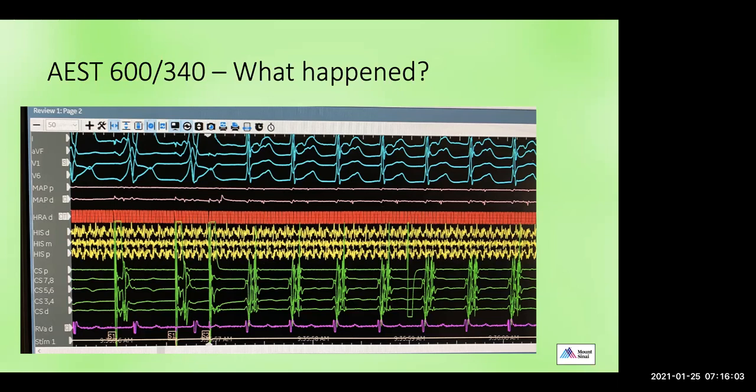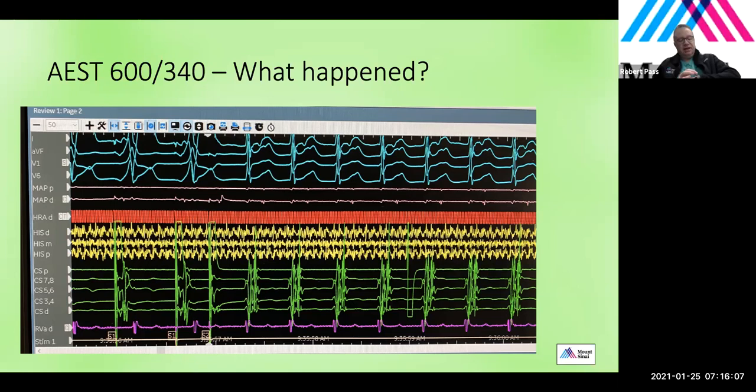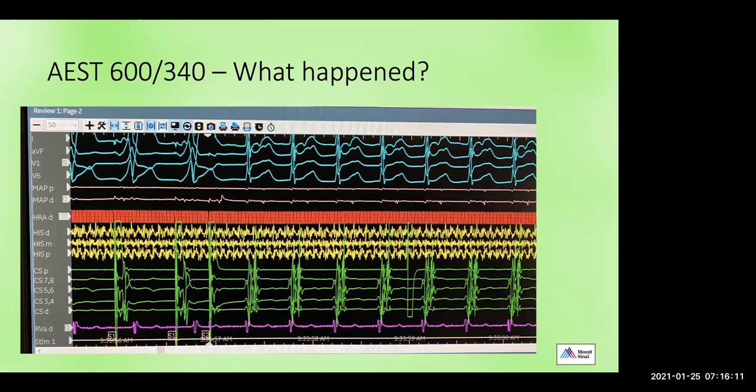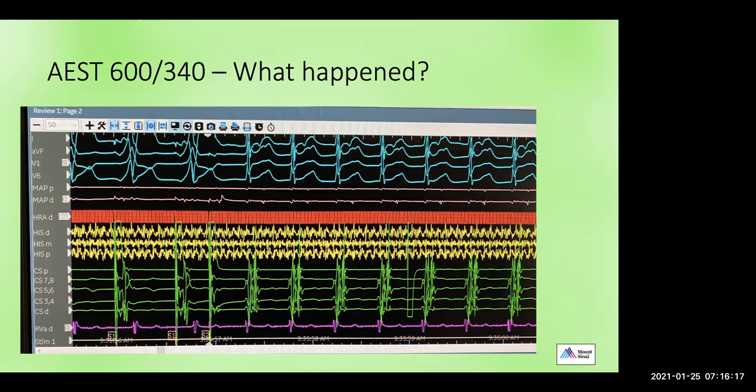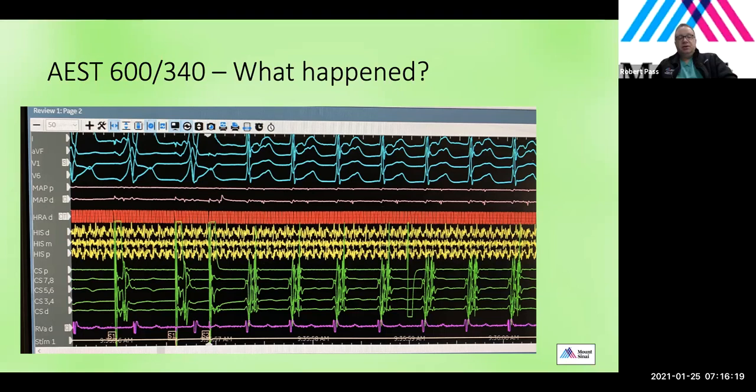It's the refractory period? That's right. That is the accessory pathway effective refractory period. So again, 600, 340 is the accessory pathway ERP.